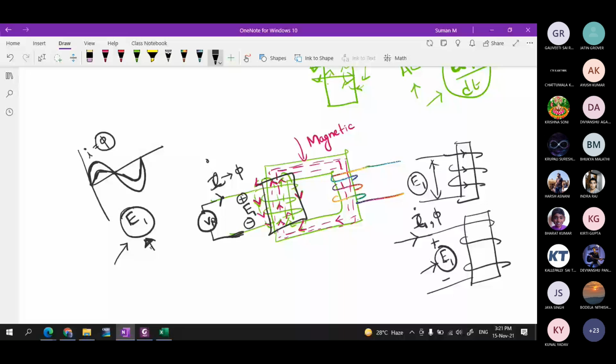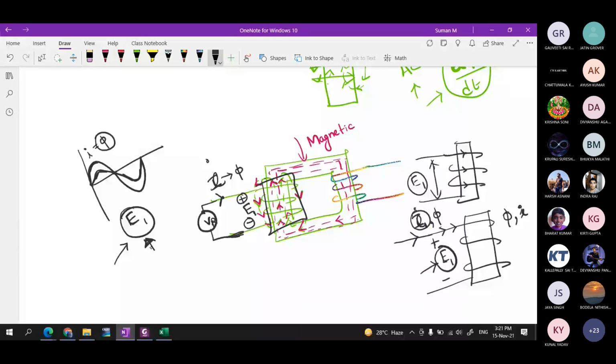What is the cause for this EMF induced? The cause for this EMF induced is phi, right? So for that, it is related with current. If you see in a direct way, the EMF induced should be in such a way that it should oppose the cause. So the actual current direction is like this, the source current direction is like this.